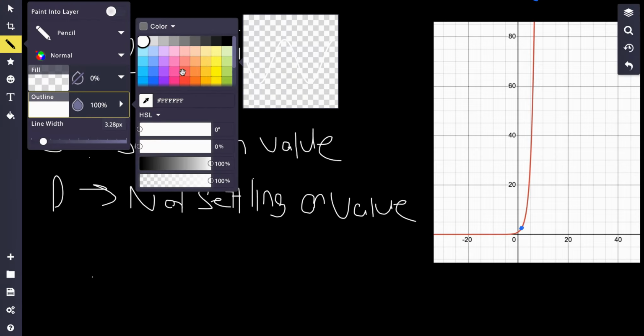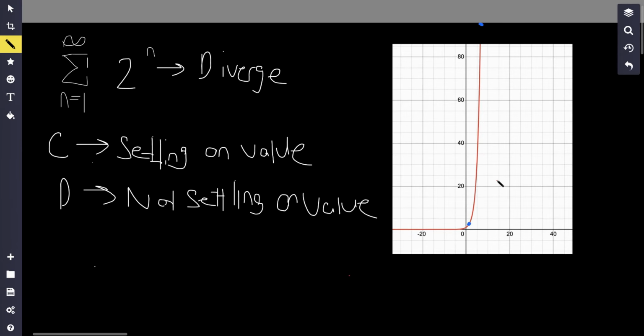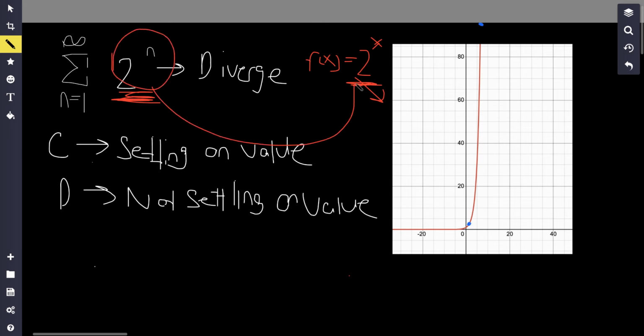Now, let's use that logic and connect that to integration. This function is f of x equals 2 to the x. It's the exact same thing as this series, just represented as a function.